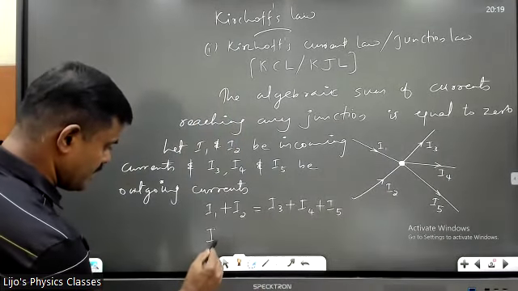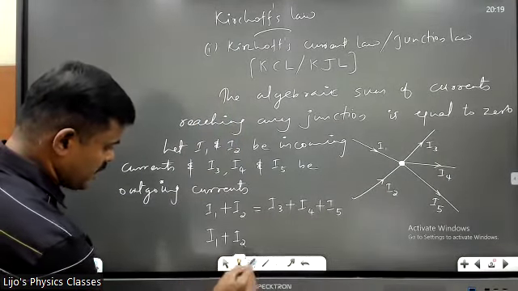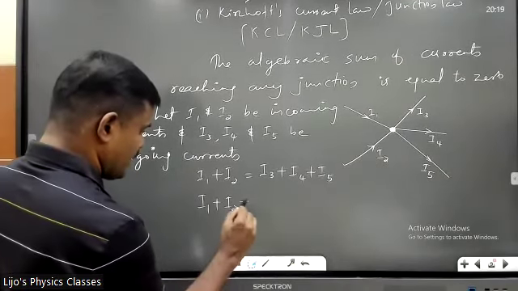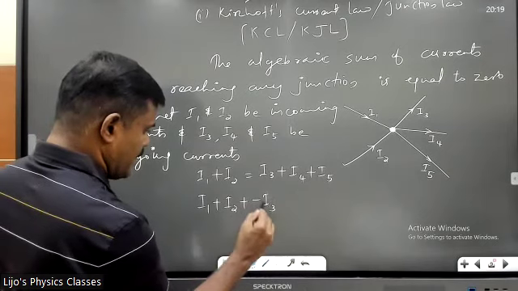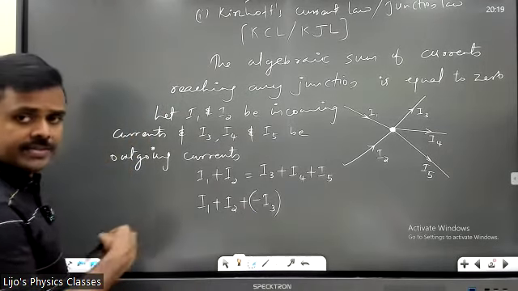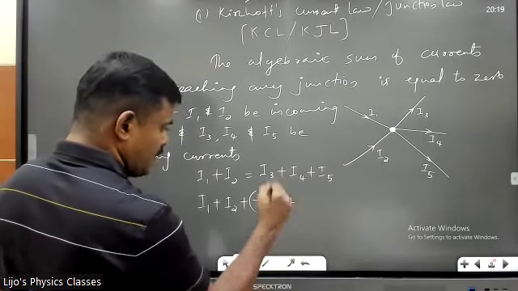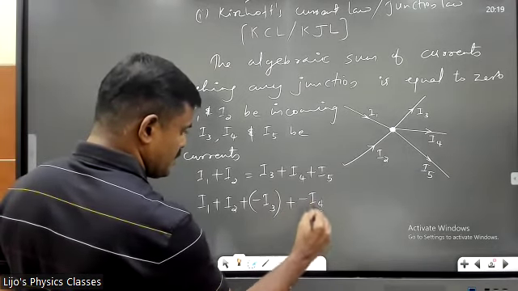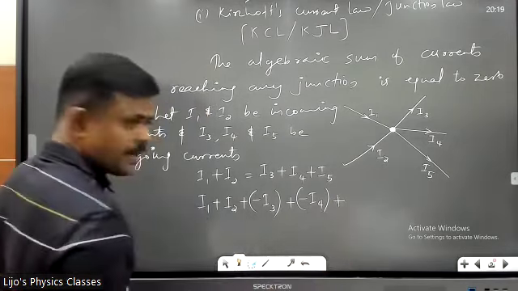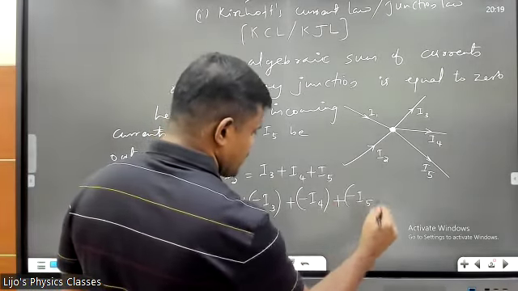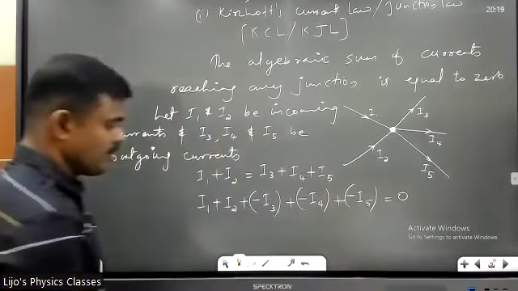Now get this to the left-hand side. I1 plus I2, then I3 comes to the left side, becoming minus I3. I4 comes to the left side, minus I4. I5 comes to the left side, minus I5, is equal to 0.